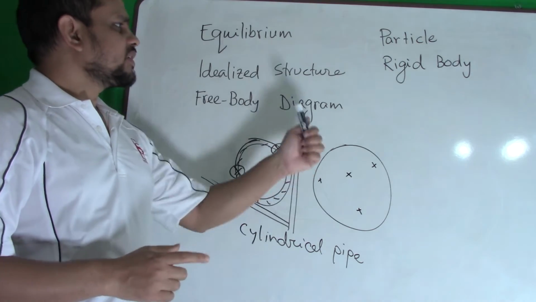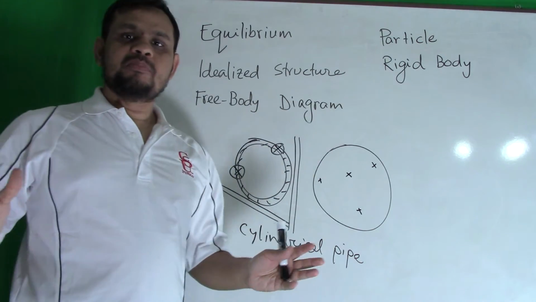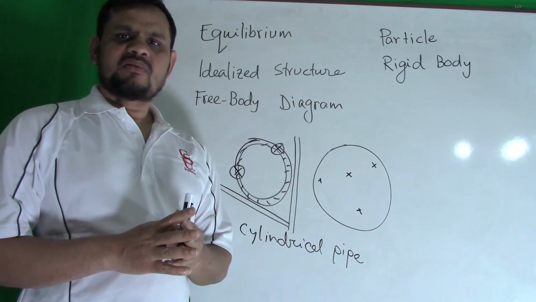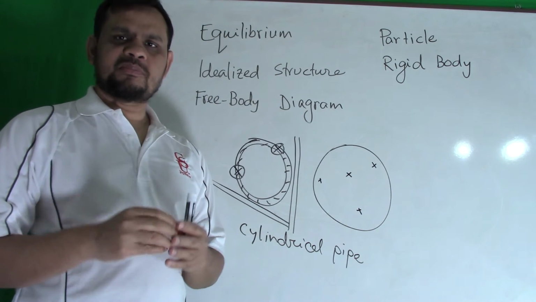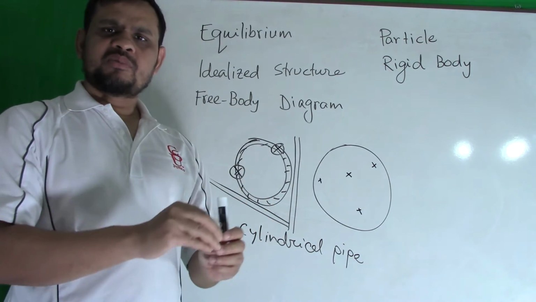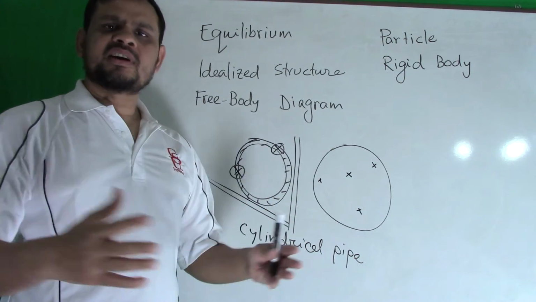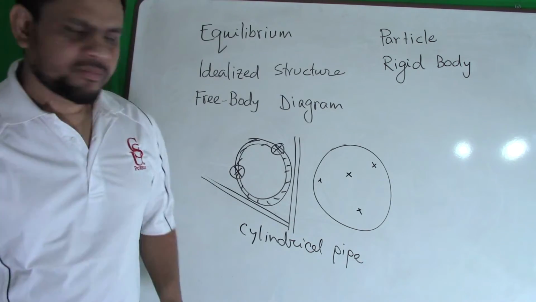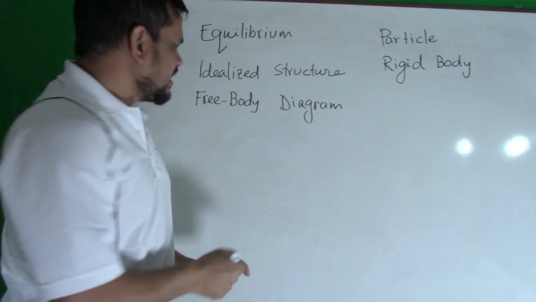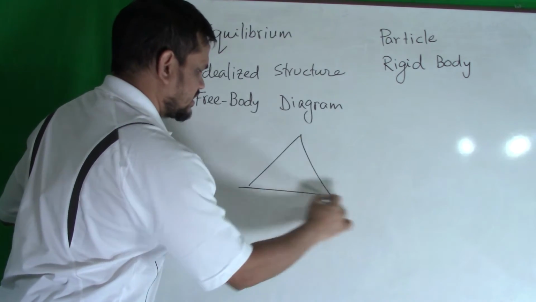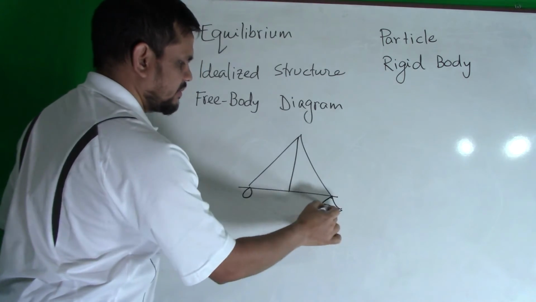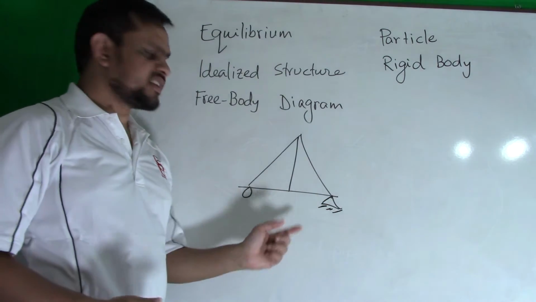What is a rigid body? A rigid body means a body that is rigid. Rigid means it doesn't deform much. The deformation after applying load is very small, and different points in that body have different characteristics. Say a truss. You have seen this kind of truss in many buildings, a very plain truss.